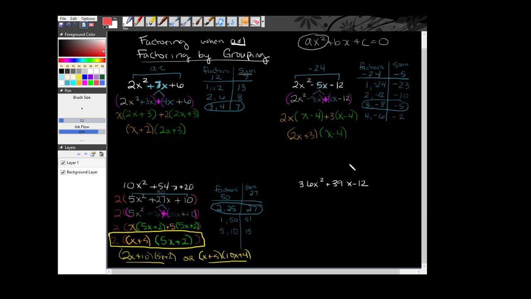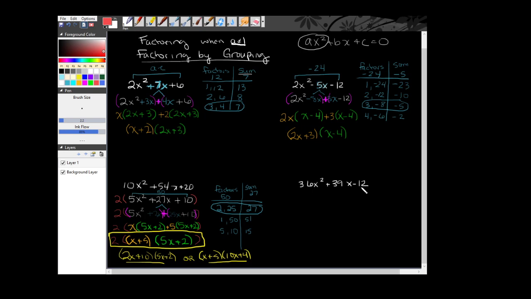Alrighty, so our next one, again, has some really big numbers in it, a 36, a 39, and a 12. So usually if I have really huge numbers like this, there's probably some kind of GCF. Now 39 is an interesting number in that it really only has one set of factors other than 1 and 39, and that is 3 and 13.